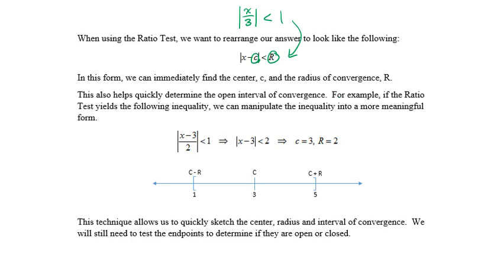So you don't actually have to keep going when we're solving all the way to where you split up your equation, to where we said it was negative 1 less than x over 3 less than 1, right? You don't have to go that far. You can just leave it like this.